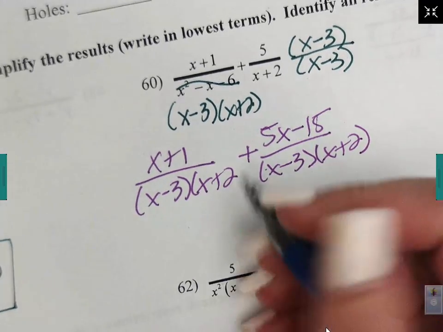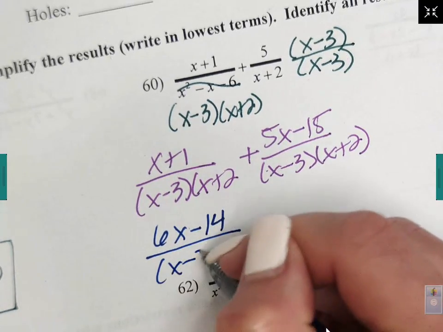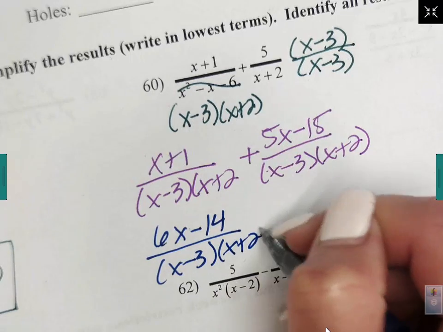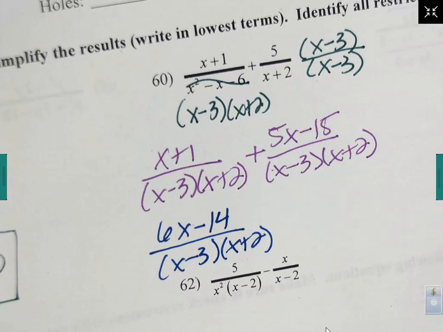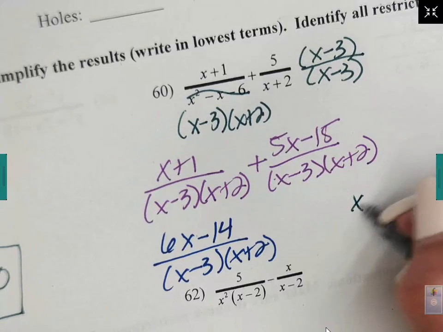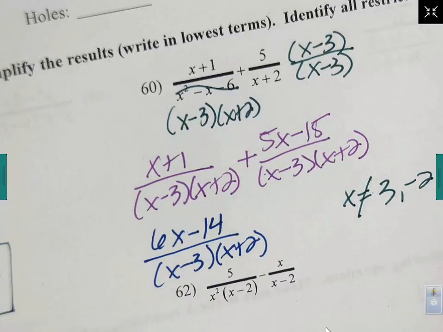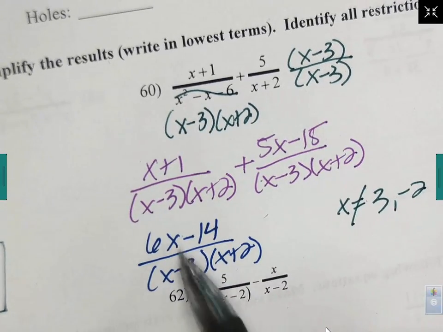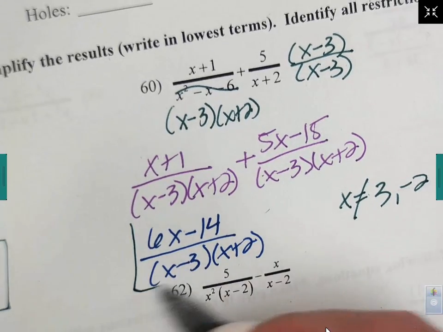So then this will be 6x minus 14 divided by x minus 3 times x plus 2. Now guys, before we try to cancel anything else out, what do we need to identify? Our restrictions. Very good. And that means we're just going to set the denominator equal to 0, so x cannot equal 3 or negative 2. Then we can go back and try to simplify this, but even if we factored out a 2, we're not going to be able to simplify. So this is our answer.